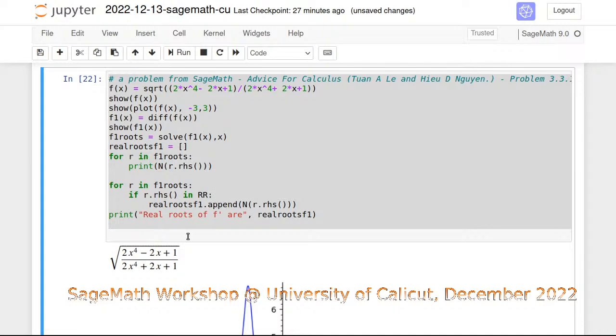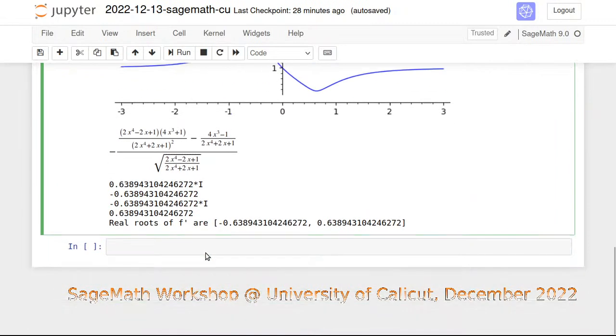Sir, I have one question. Yes, please. Sir, why are you using that last for loop? We are already getting the real roots using the previous for loop. Sorry, we are already getting what? The real roots, right? From the previous for loop. But are we getting only real roots?